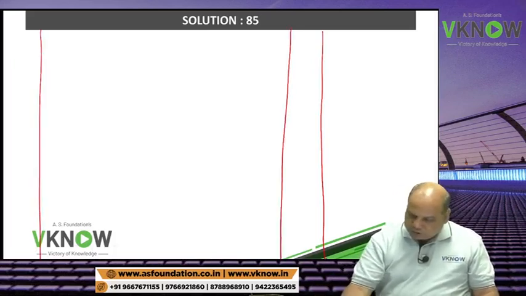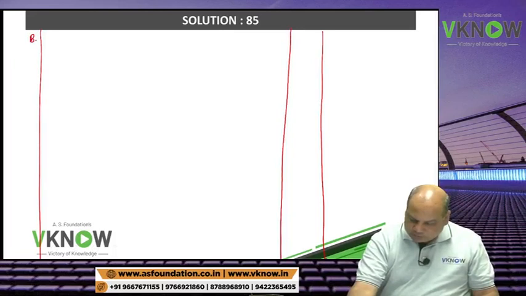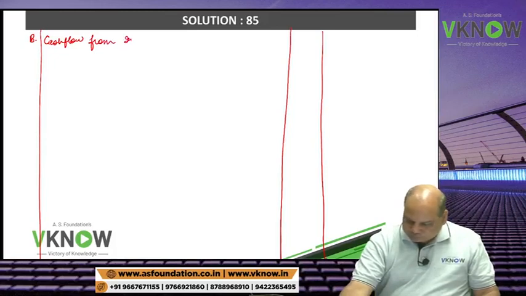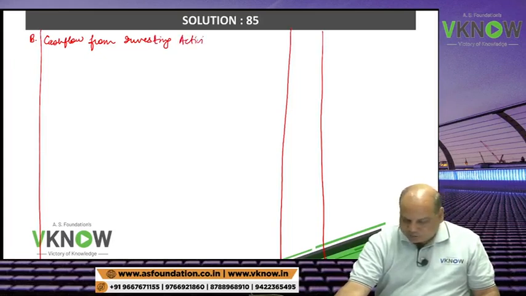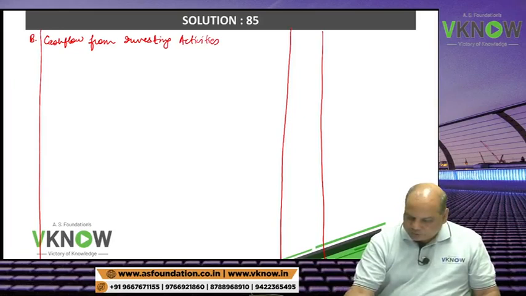Below that, the student will continue. Point number B, you will write down cash flow from investing activities. Keep about 7, 8 lines blank.